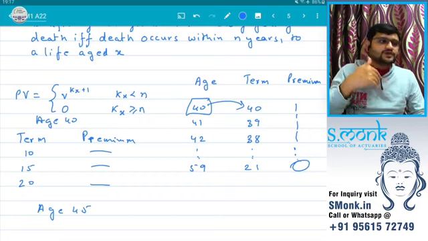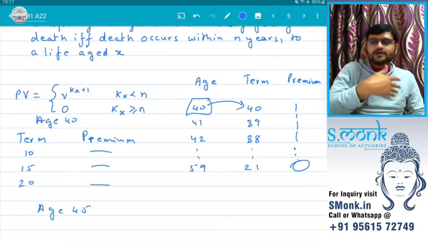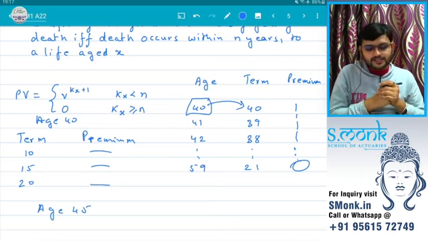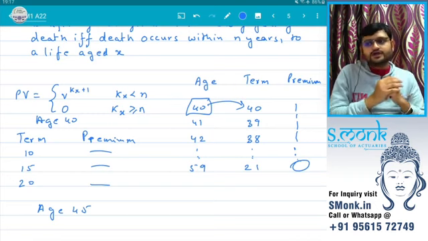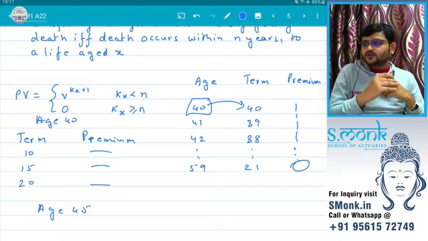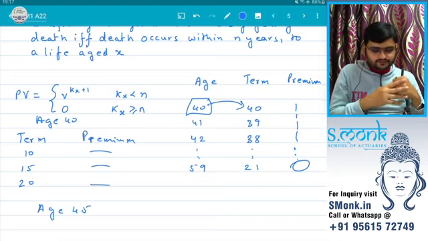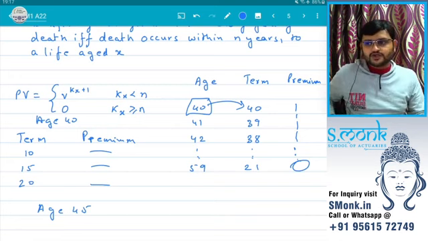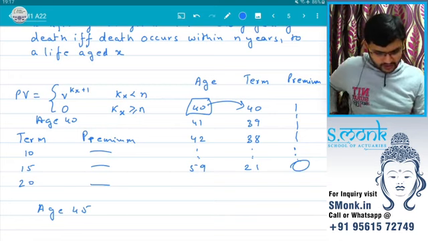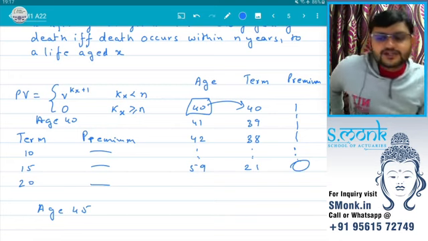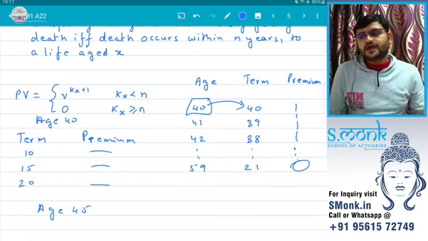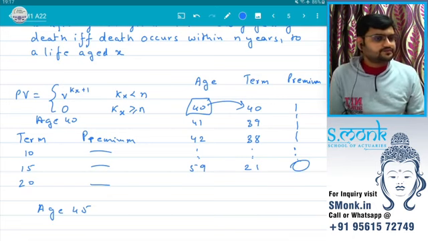But nowadays, because everything is online, you can literally go to companies' pages and fill in whatever information you want to: age, gender, maybe some diseases or whatever. What kind of policy do you want? How much term do you want? And they will generate, computerized everything, and they will generate the premium for you. Okay.